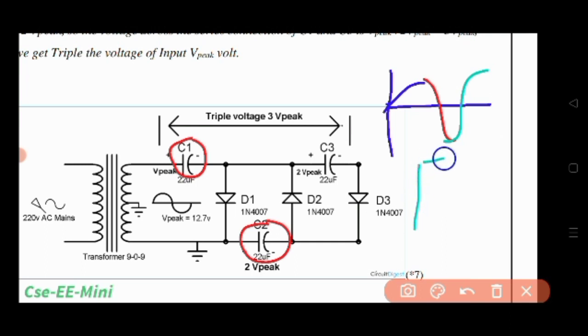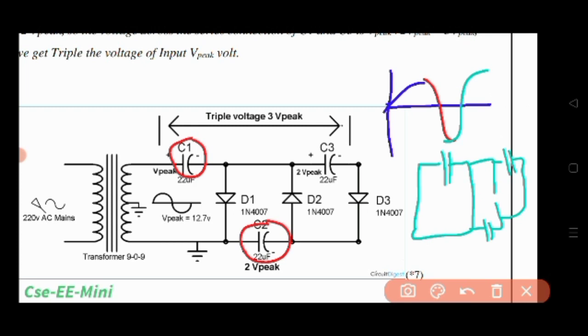Let me just draw. This is capacitor C1, and D1 acts as a short circuit, D2 acts as an open circuit, capacitor C2, and D3, then capacitor C3. So it is again an open circuit.